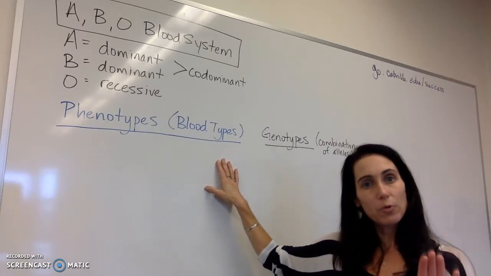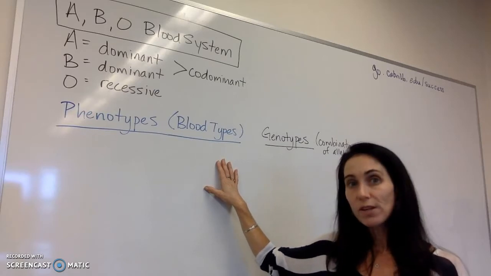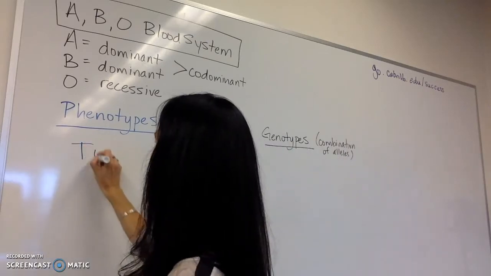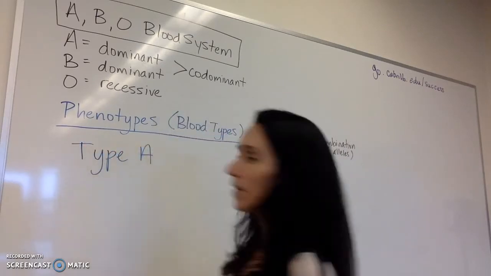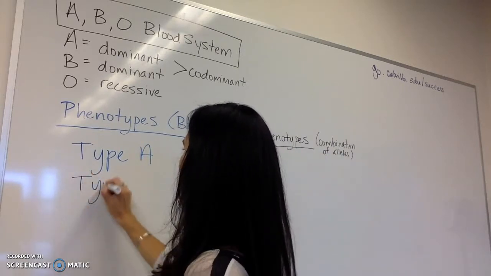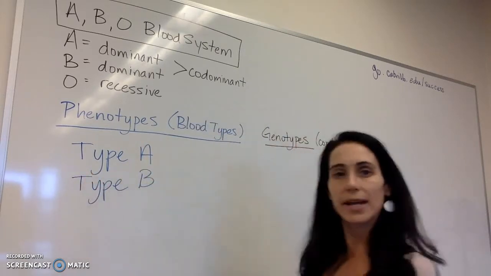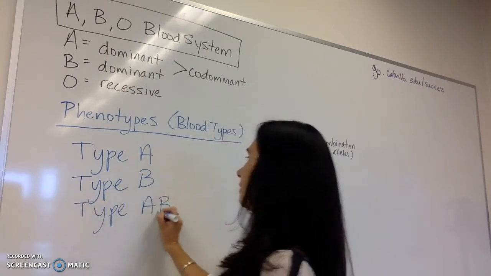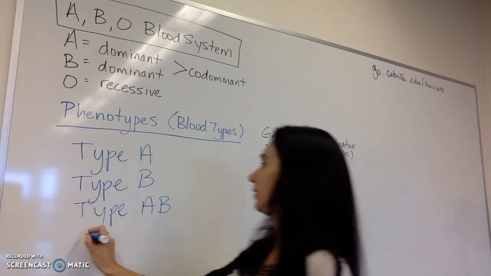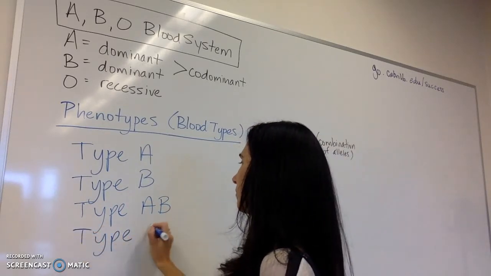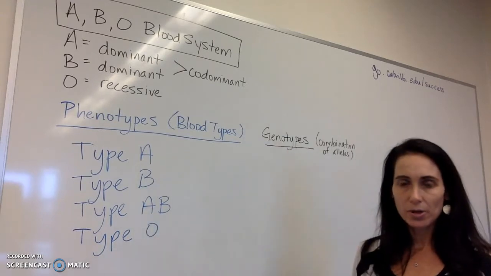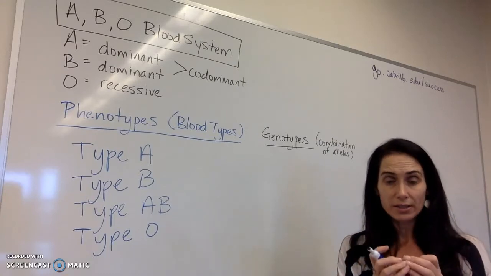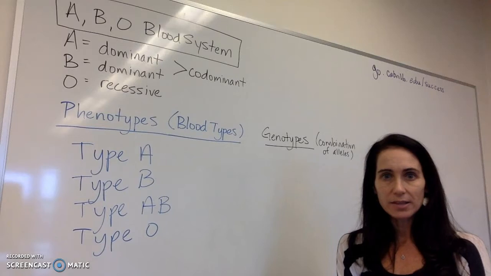So you may know that we have 4 different blood types, or 4 phenotypes from this ABO blood system, and they are type A blood, type B blood, type AB blood, and type O. So here is where we can really appreciate how A and B are co-dominant alleles and how they're both expressed in the phenotype.